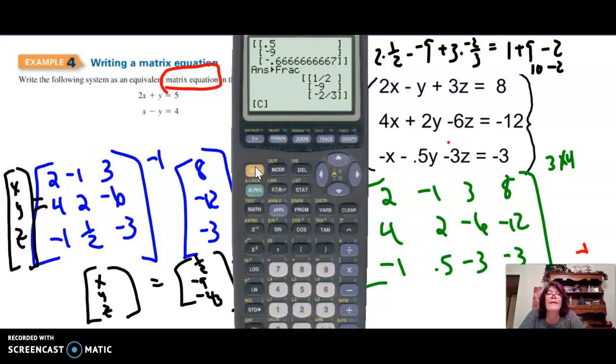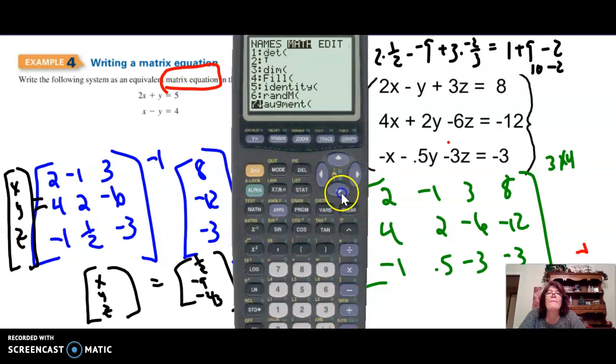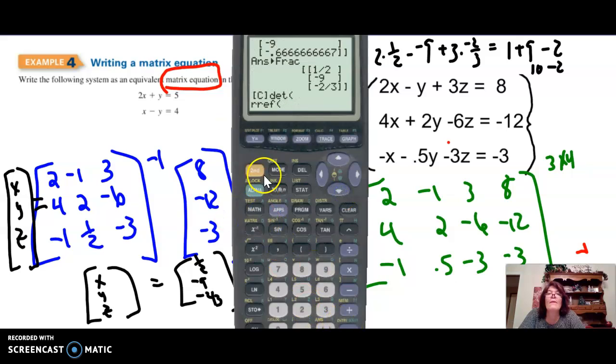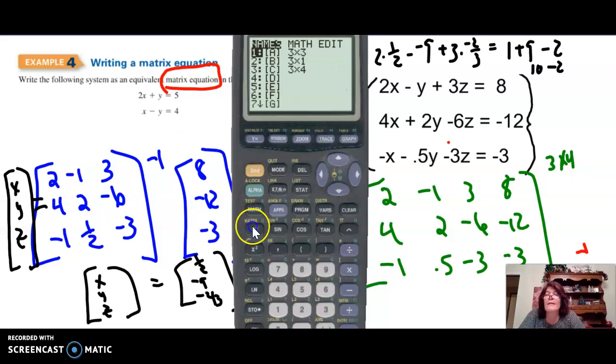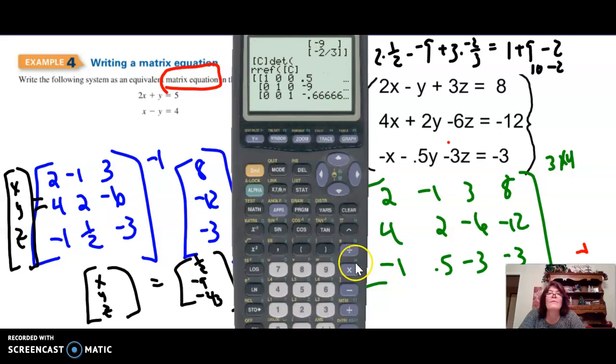We'll quit out of that, and then we'll go back in and say, let's do some math with row reduced echelon form with matrix C. And what a shocker.